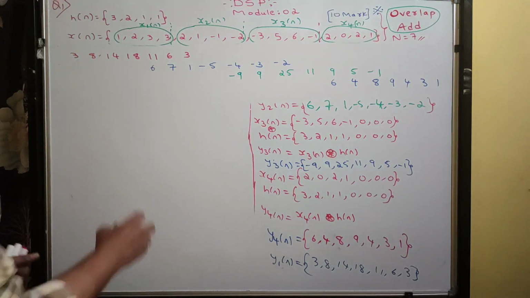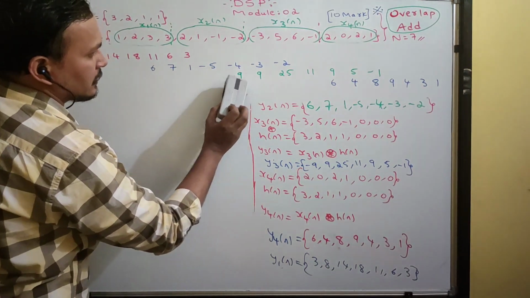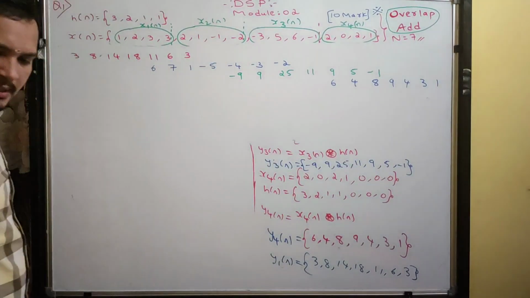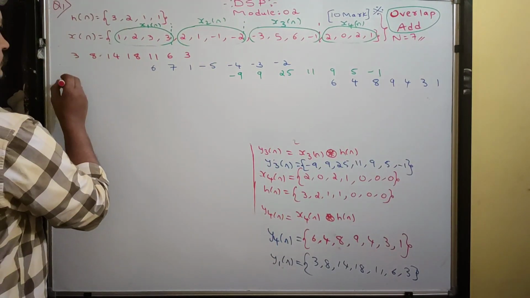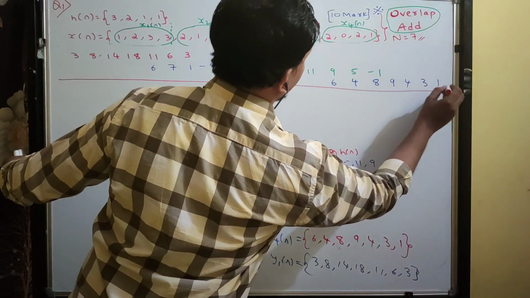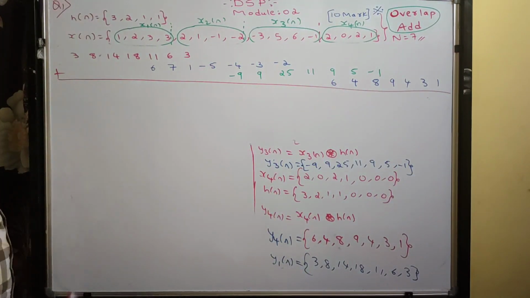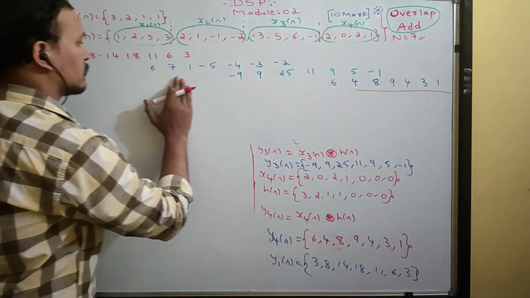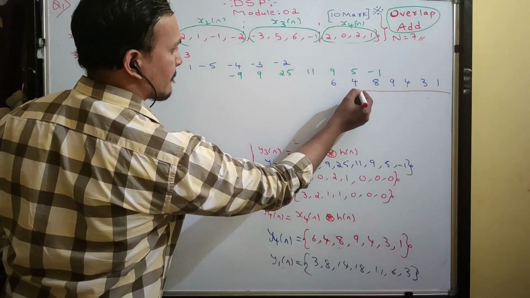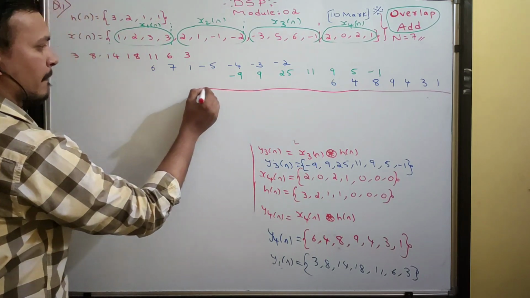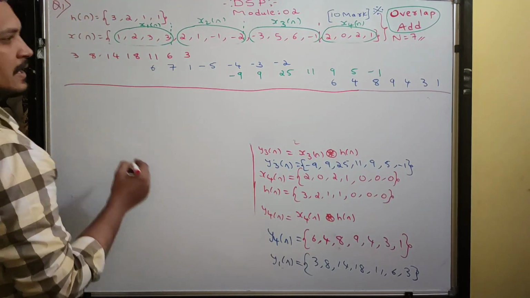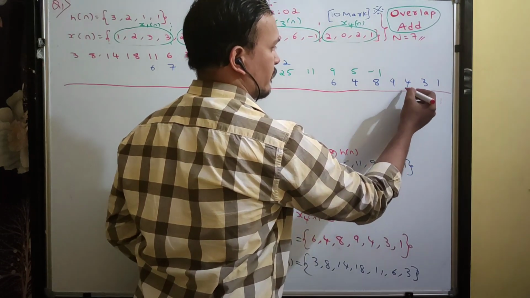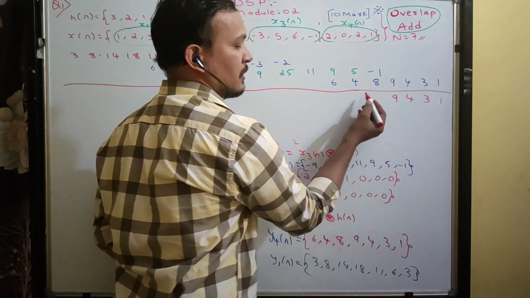See, once you write all y1 of n, y2 of n, y3 of n, y4 of n, then next you should do the addition. Write neatly. 1, 3, 4, 9.